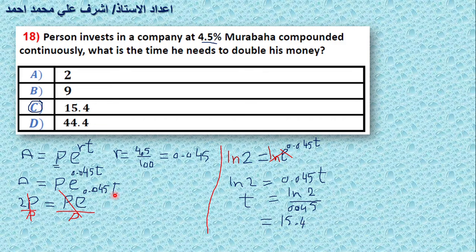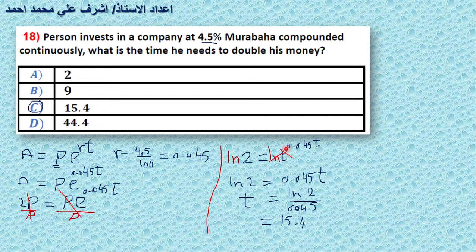Now we need to solve this equation with respect to T. So we'll divide both sides by P. We'll get 2 equals e to the power 0.045T.